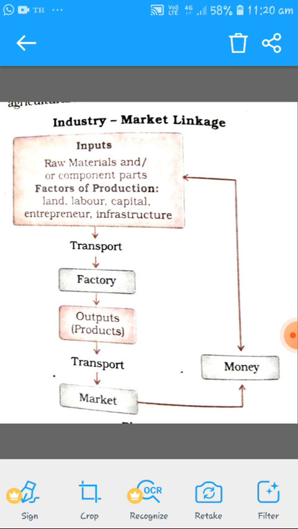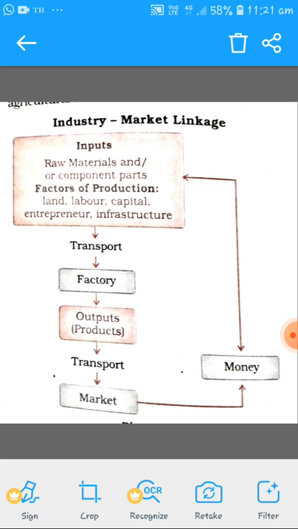Let us see the industry market linkage, how industries and markets are linked together. When you make a production, you need inputs, and it involves input and output. Whatever you put in to produce a commodity is input. The input includes raw materials, factors of production, land, labor, capital, entrepreneur, and infrastructure.